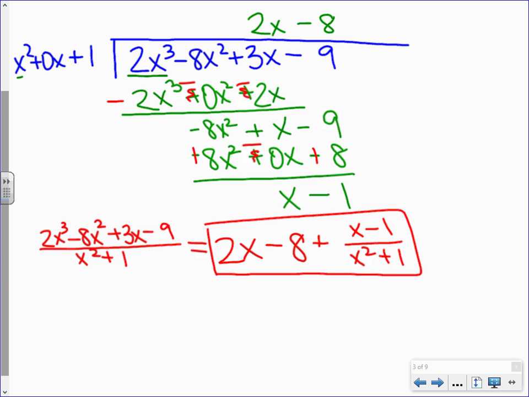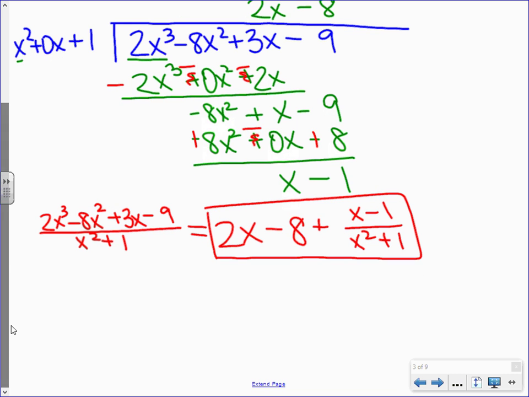If the instructions were to rewrite your function using the division algorithm, which is what you wrote down from the last slide, you would write it like this. Basically, you're multiplying that x squared plus 1 over.